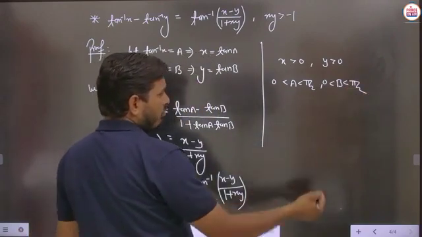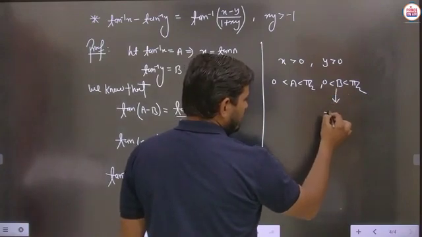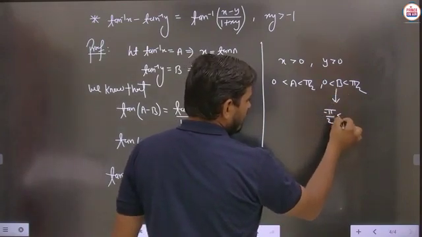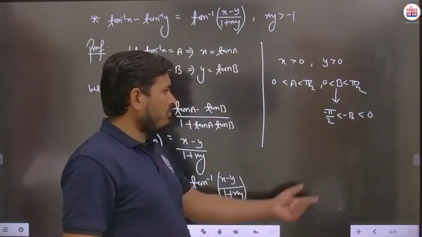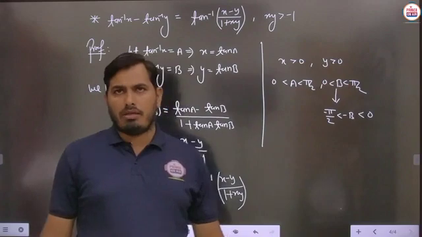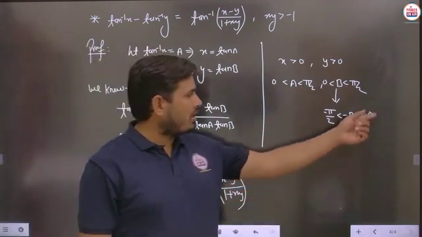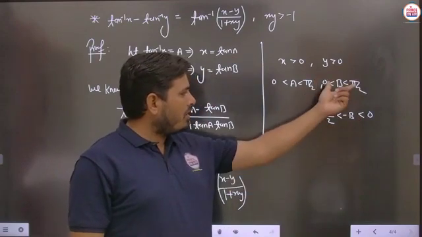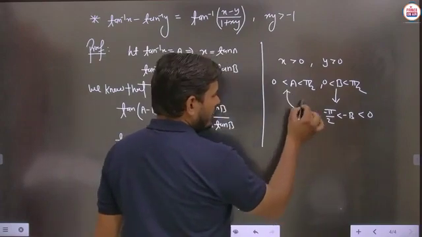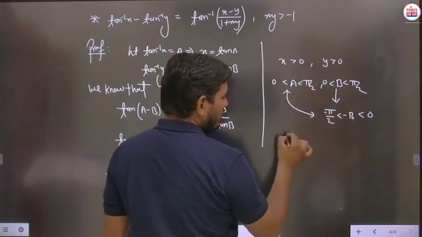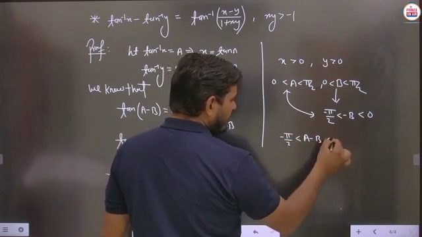Here we subtract both parts. Then this part is written as minus pi by 2 to minus B, and here we write 0, because we multiply the inequality with a negative sign, so the sign of the inequality changes and we change the places. Now we add the two parts, and this automatically becomes A minus B, taken from minus pi by 2 to plus pi by 2.